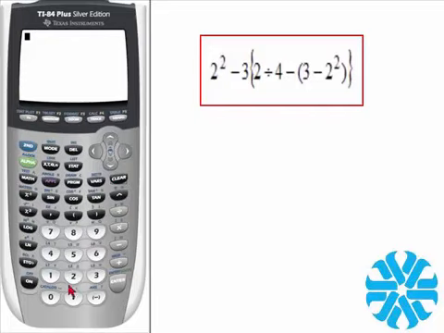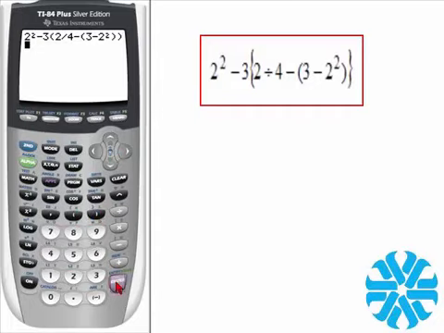That's going to be 2 squared, subtract 3 times the quantity 2 divided by 4, subtract the quantity 3 subtract 2 squared, close that quantity, and close the quantity that we started with, which is this one here.